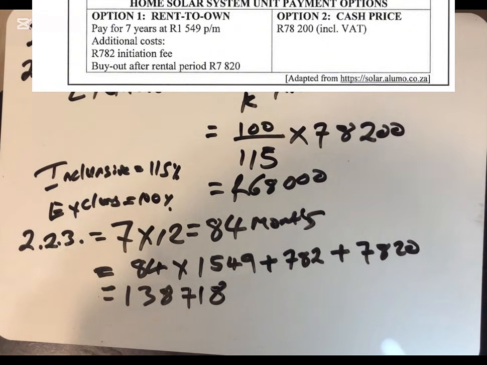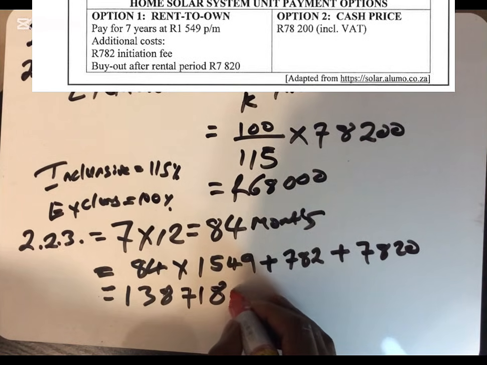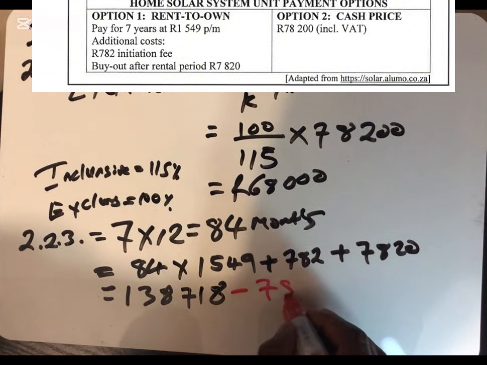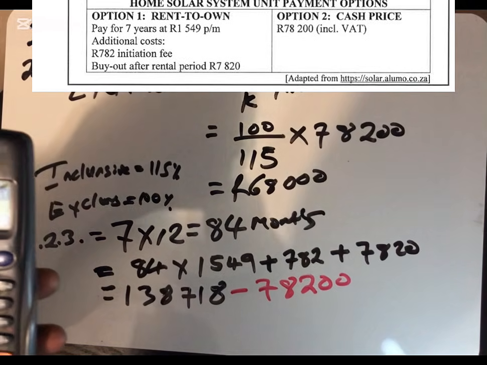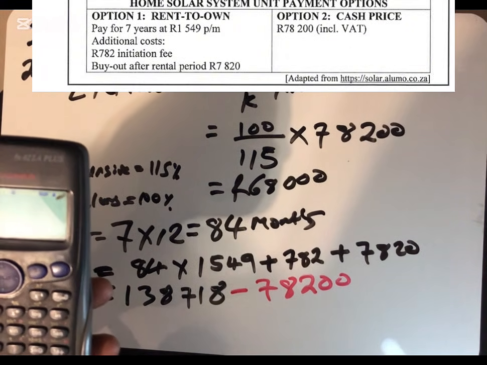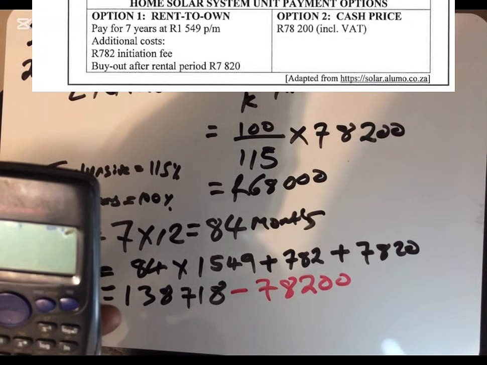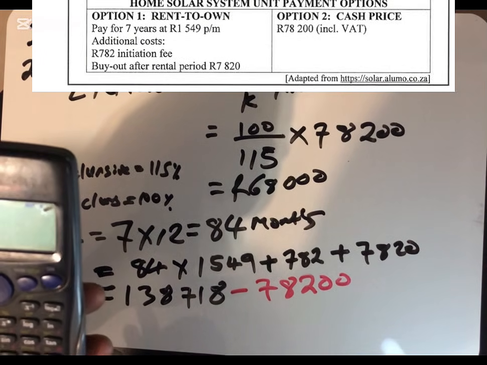So the question was, calculate the difference between option 1 and option 2. Now we can see that this is option 1. We must remove option 2. Option 2 is 78,200 rands. Let's see how much extra amount she will have paid. So this amount minus 78,200 rands.